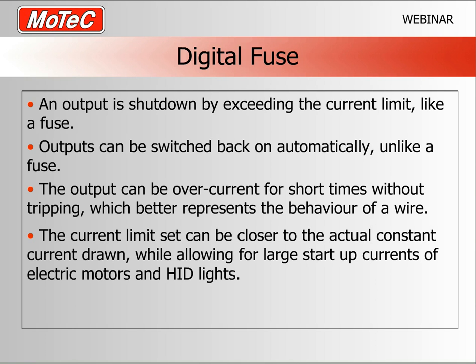And if, for example, we have a temporary stall in a fuel pump where there's a large amount of current drawn for a very short time, again, a normal fuse would simply blow and you've lost your fuel pressure, but the PDM will firstly tolerate a very short current surge, and secondly, if it does turn off the fuel pump, it can be set to retry any number of times and within a very short interval. So that means that you can tolerate a certain amount of physical abuse, if you like, and the PDM is still going to recover the situation and keep the car running.